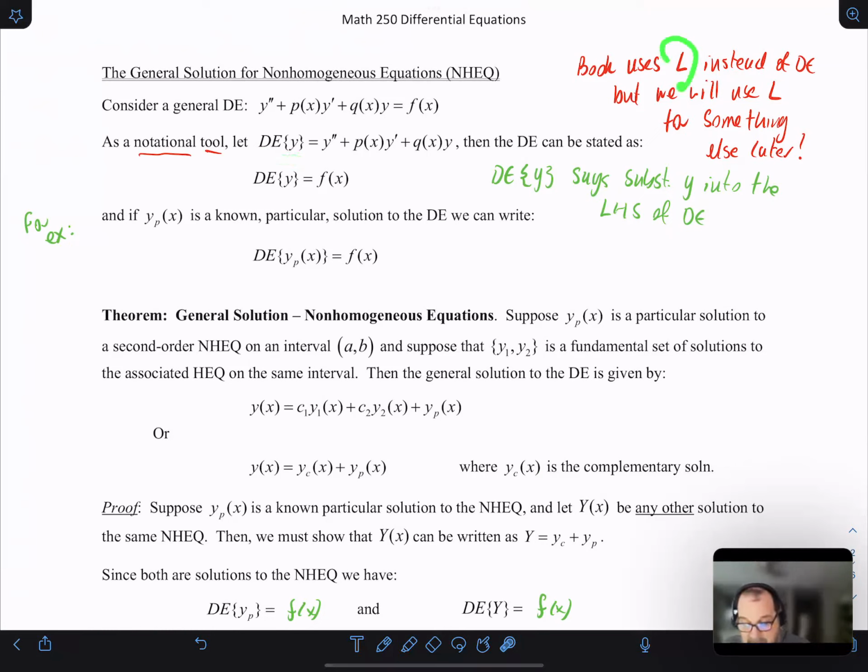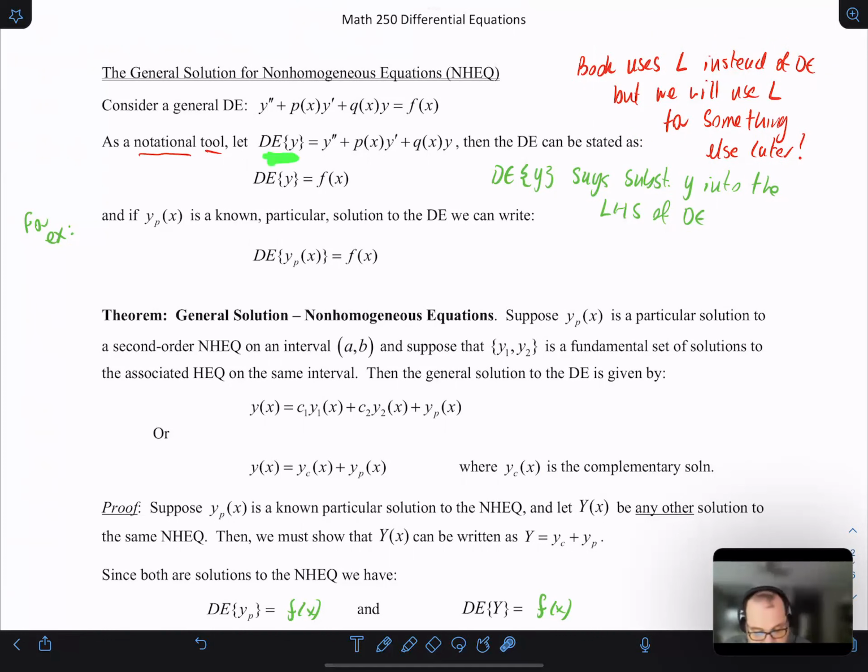A lot of textbooks use L of y, a capital L or a fancy script L. In my math palette I have limited uses of capital L's, and I don't have any fancy script L's to use. We actually need to use L later in the book for something else. So I chose to call this just DE of y.